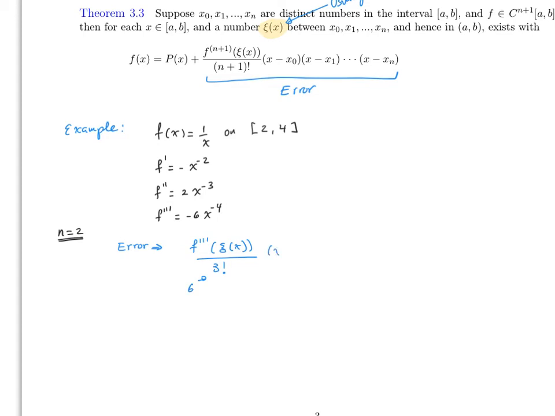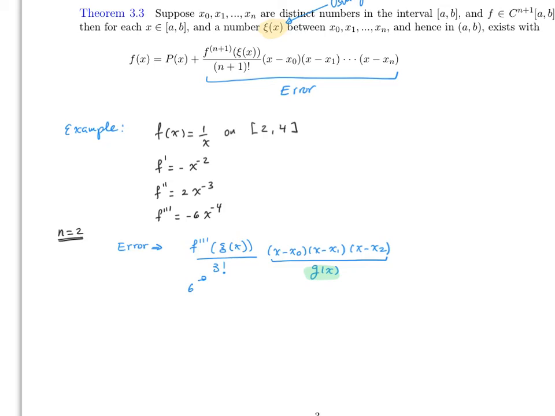And then this will be times x minus x0 times x minus x1 times x minus x2. And for lack of a better name, I'm going to call this g of x right now. Okay, so let's say this is g of x.